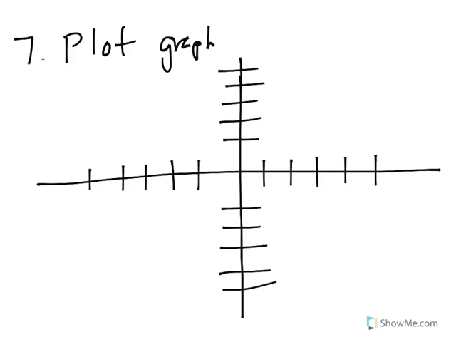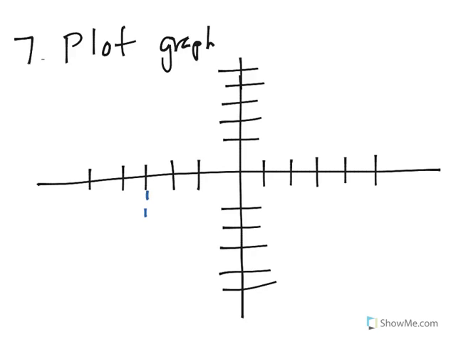So I want to say, where is my horizontal asymptote and where is my vertical asymptote? Once I have that information, I'll put that on my graph first. I know that my vertical asymptotes are positive 3 and negative 3.